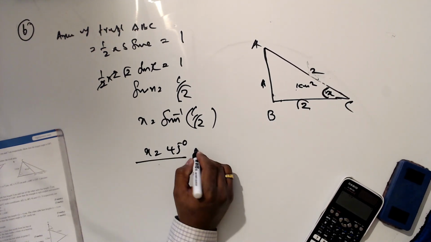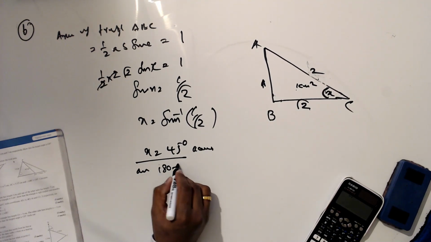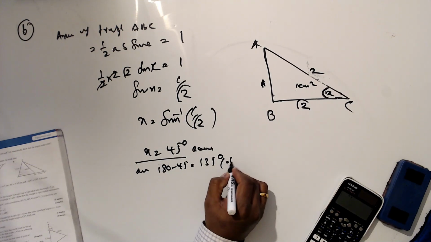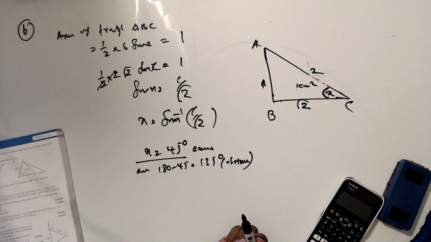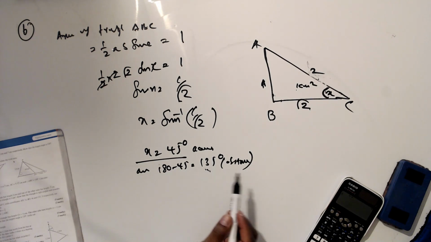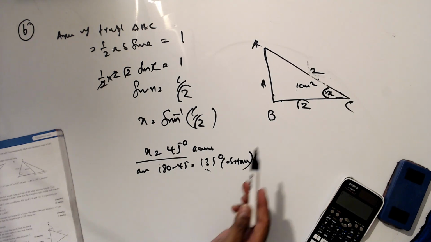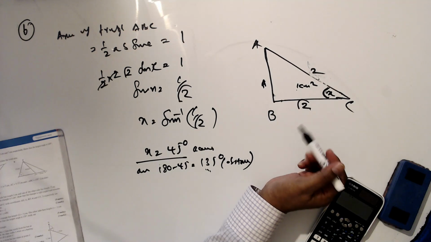This is more acute. Or 180 minus 45, 135 obtuse. Which one? 45 or 135 now? It can't be 135 because the largest angle, this is not the largest angle.